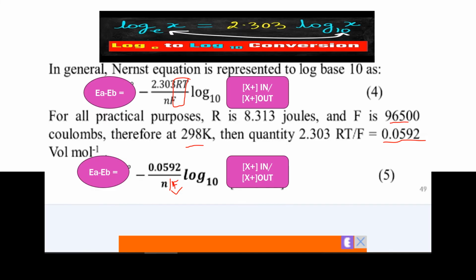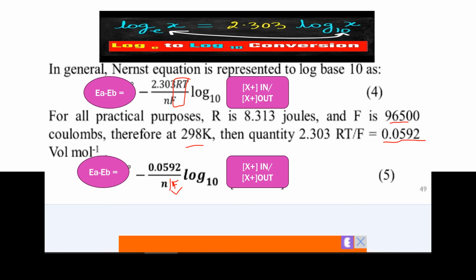So EA minus EB will be minus 2.303 RT divided by ZF, or NF, times log base 10 of the concentration of X inside divided by the concentration of X outside. Then we know that this RT and F are also constants.